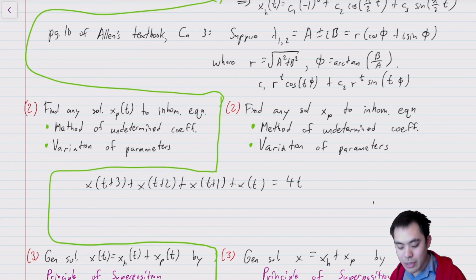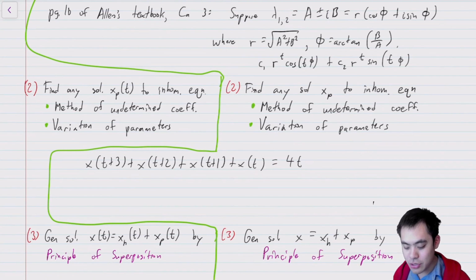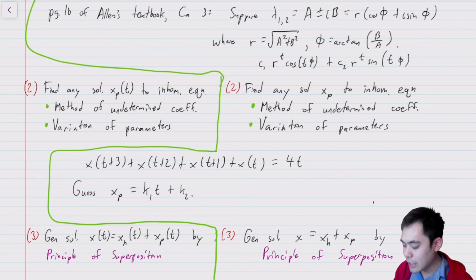So on the right-hand side, we have a polynomial. And we might guess that the particular solution is also a polynomial, so we guess xp, a particular solution that is a linear polynomial in t. So we guess that it has the same form, k1 t plus k2, and then we plug that in to see if things work.